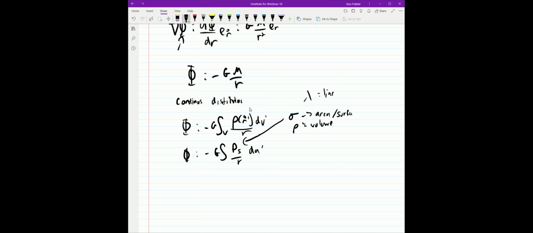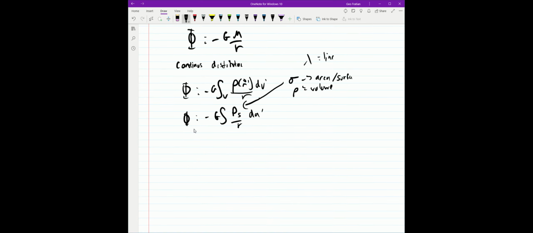But I'll use rho s because they use rho s. And then for a linear case, same story for the integral. You just change your density. So rho linear over r ds. I would use lambda there, but same thing. It's all the same math.